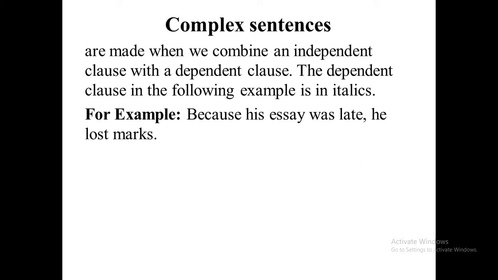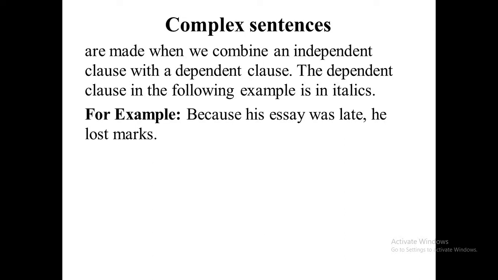Comparing these two examples, it can be seen that the emphasis tends to fall on the clause at the beginning of the sentence. Vary your placement of dependent clauses in order to emphasize the most important idea in the sentence.